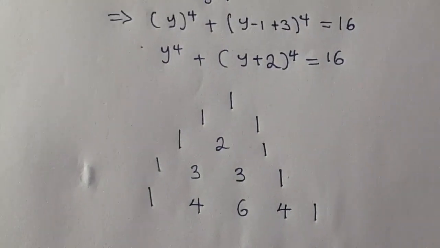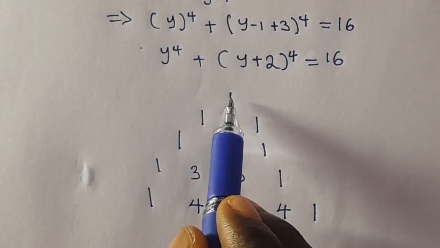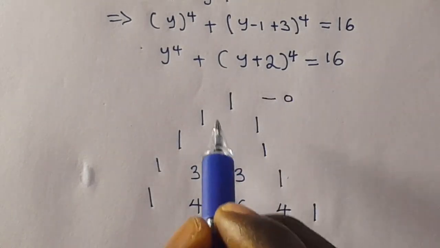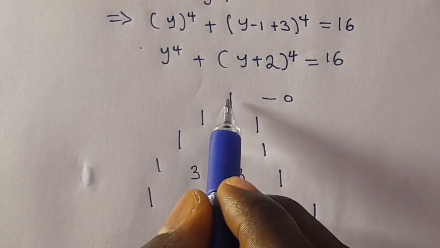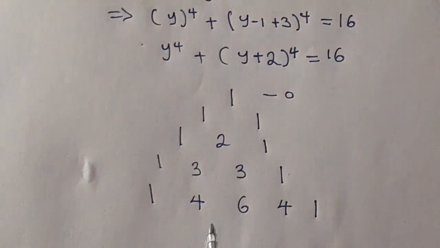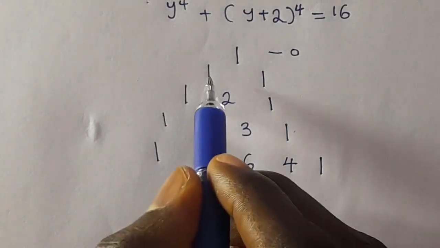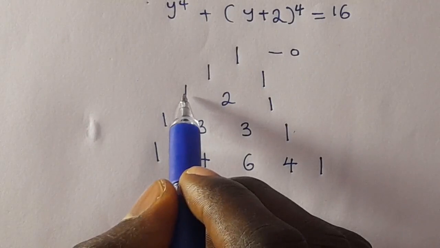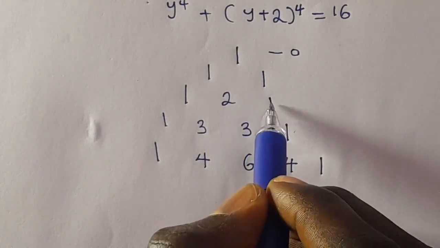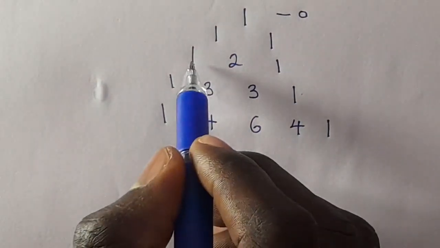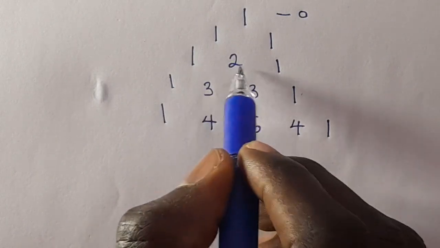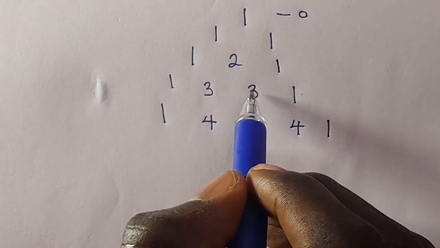Now, how do we get this? Once you have the first one to be 1, that is when the power is 0, then to get the next, you say 0 plus 1, we have 1. 0 plus 1 here, we have 1. Now from here as well, 0 plus 1 is 1, 1 plus 1 is 2, 1 plus 0 is 1. Likewise, 0 plus 1 is 1, 1 plus 2 is 3, 2 plus 1 is 3, 1 plus 0 is 1.